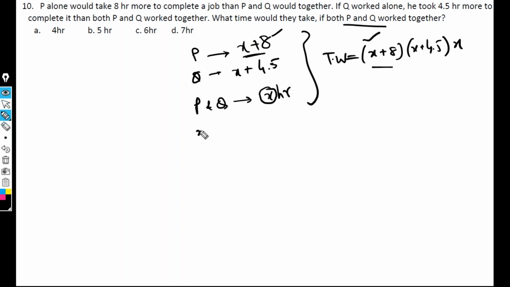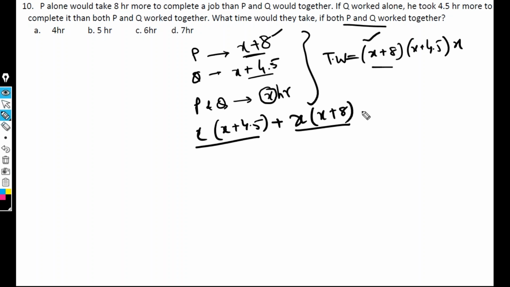The division of the two results in X into X plus 4.5. Likewise, the work done by Q in 1 hour will be total work divided by the number of hours in which Q completes the work, which results in X into X plus 8. So this is the work done by P, this is the work done by Q, which is equivalent to the work done by P and Q together in 1 hour.